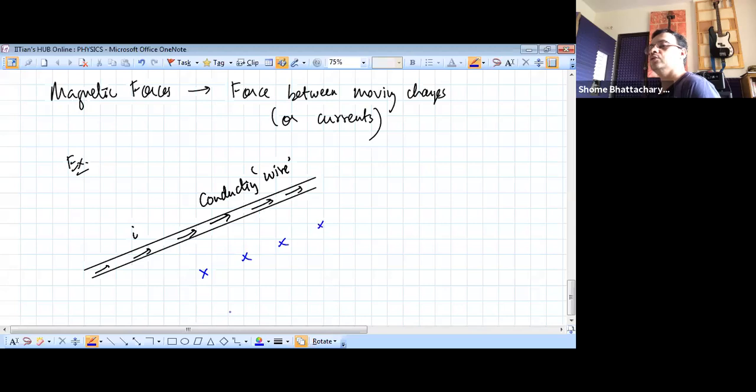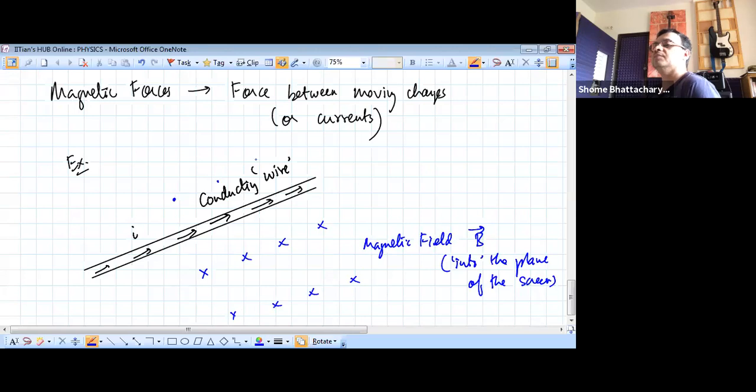We show magnetic field going into the plane with a cross to show a vector sign which is going away from you. We represent it by the vector B, which is into the plane. Whereas at points like this, it creates a magnetic field coming out of the plane.